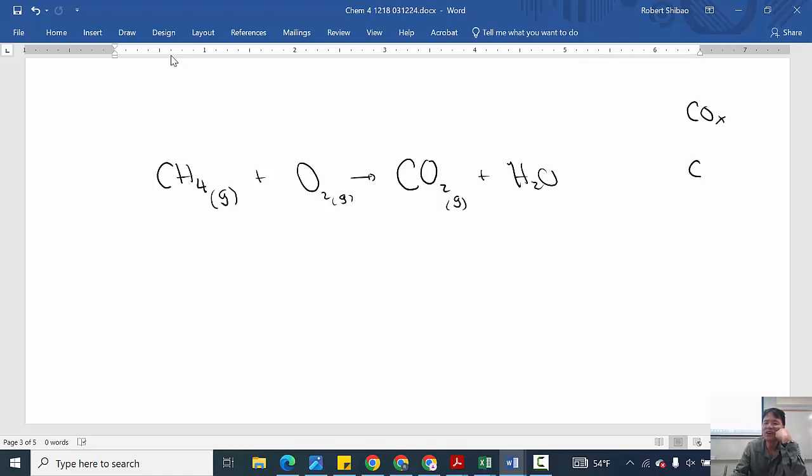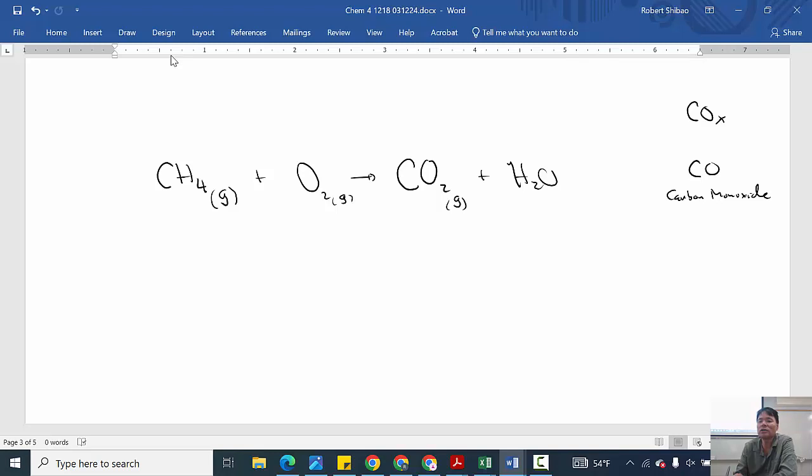One of the oxides of carbon is this one, which we call carbon monoxide. Carbon monoxide has other names that people might be able to figure out. What's the normal charge on oxide? 2-.